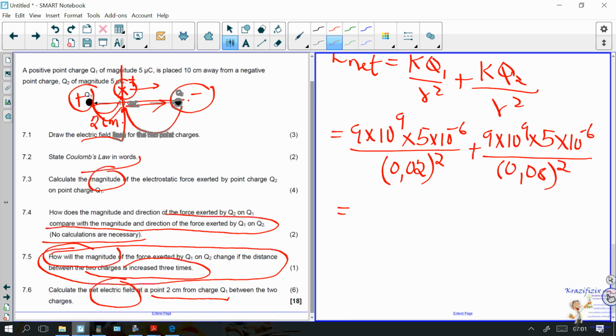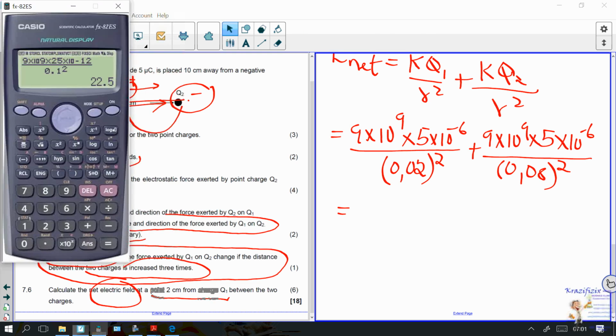All we need to do is to run to our calculator. What are we going to have? 9 times 10 to the power 9 times 5 times 10 to the power negative 6 over 0,02 squared. We add the other one, which is 9 times 10 to the power 9 times 5 times 10 to the power negative 6.